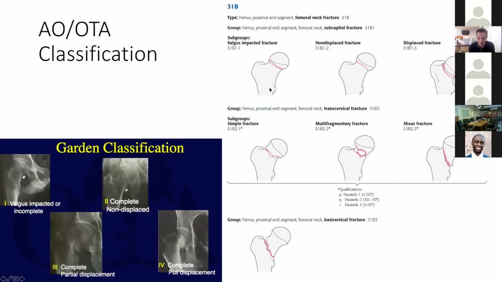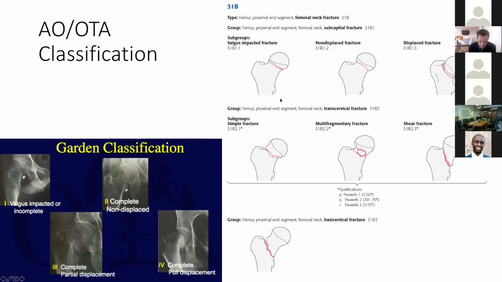And you can see how they incorporated the Garden classification into the AO classification. So you have your point 1s, which are the Garden type 1 or valgus impacted fractures, the point 2s, which are the non-displaced ones or the Garden 2, and the point 3s, which are the displaced fractures, Garden 3 or 4.